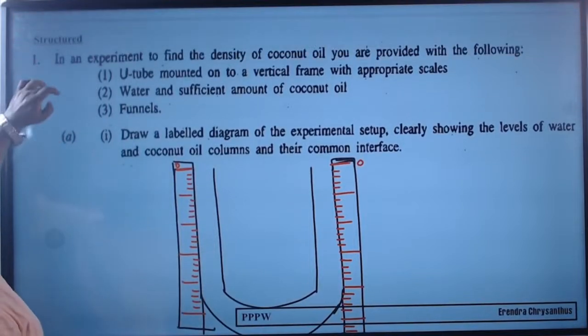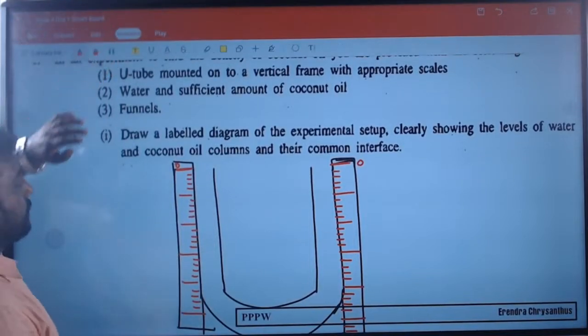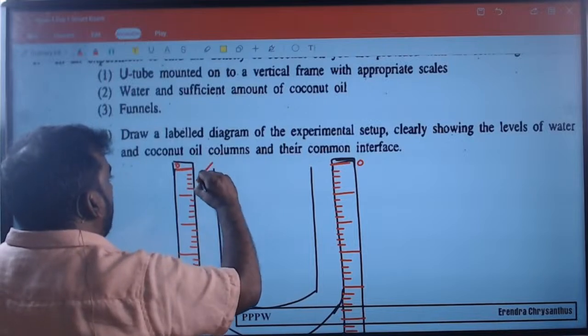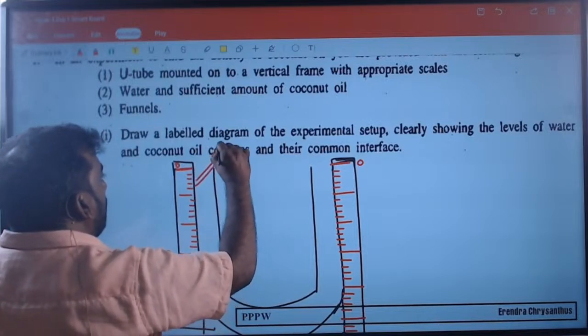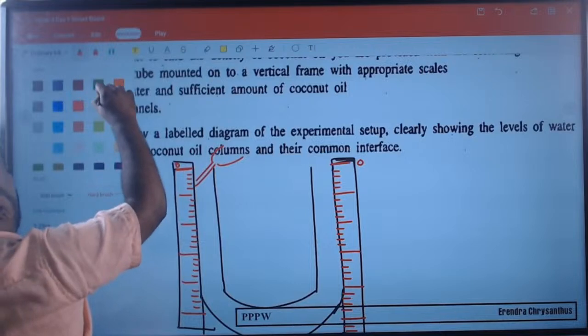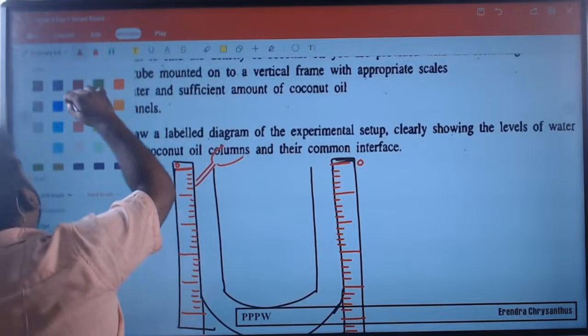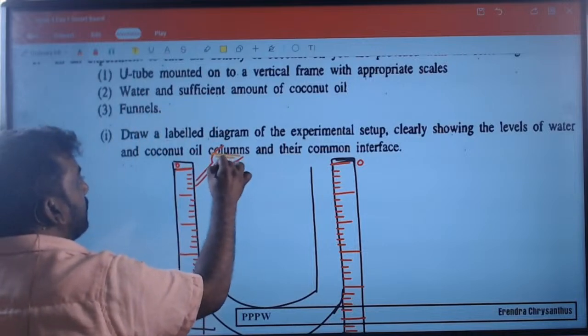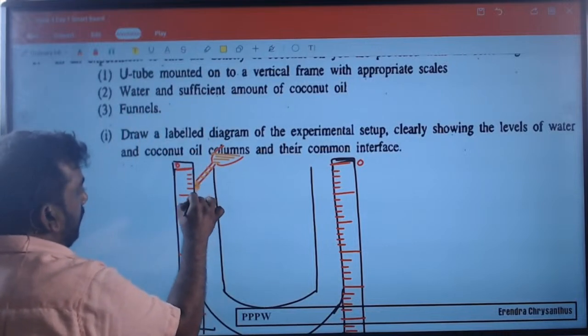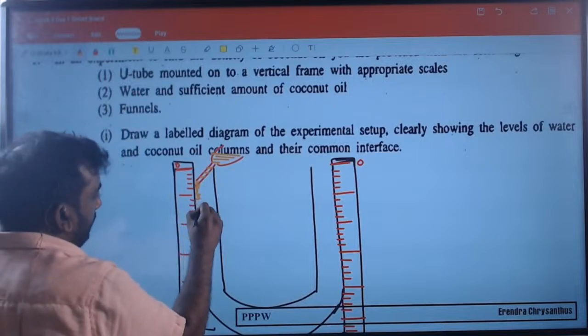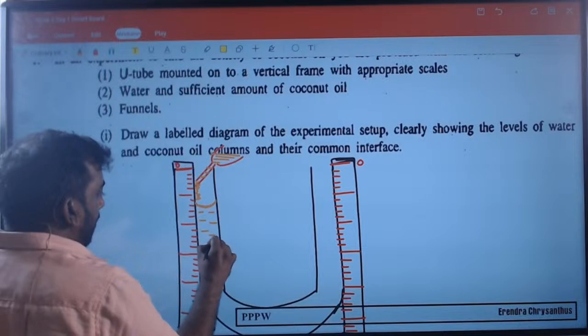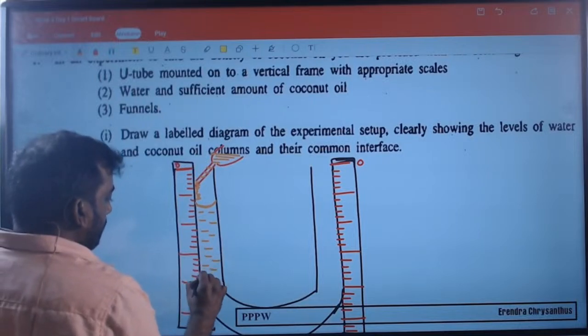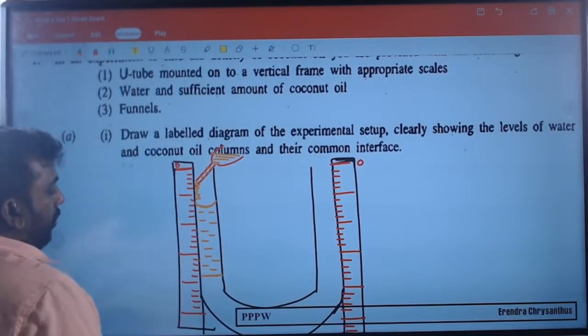Remember, you must use a funnel here. Important. Using the funnel only, oil will drain along the inner surface. Oil will drain. Taller oil layer.